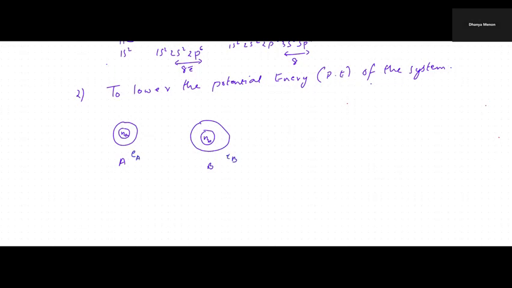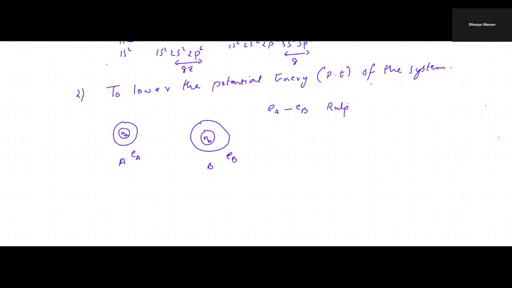So for these two atoms, atom A and atom B, if we consider between electron of A and electron of B, what kind of forces will be there? Repulsive forces, repulsion. Sorry, I've written the spelling wrong for repulsion.